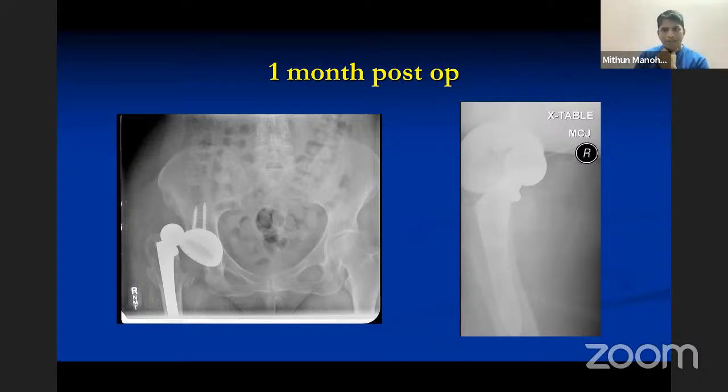Probably going by the talk, it looks like a posterior approach. The cup is a little bit too big. Any chance of impingement and then dislocation, sir? Offset might be low. That could be a reason.